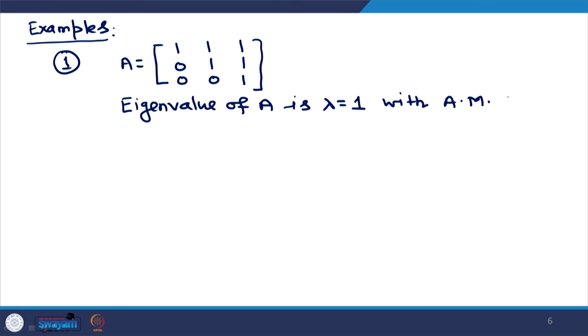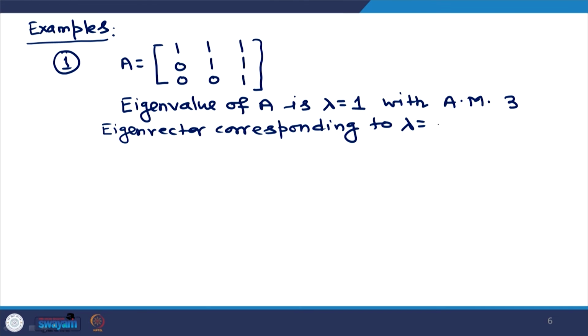Now, the eigenvector corresponding to lambda equals 1 comes from (A minus I)x equals 0, and this comes out to be x equals (1, 0, 0).